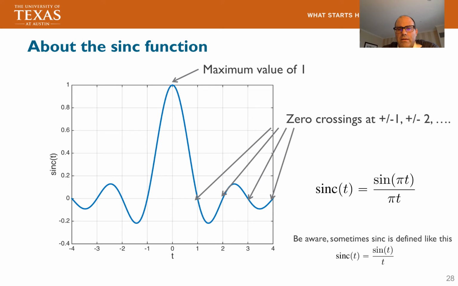The sine of pi is 0. And at 2 the sine of 2 pi is 0, and at 3 is 0, and at 4 is 0, and so on. But we showed in an earlier lecture that the limit of the sinc function as t goes to 0 actually is 1. So this is the sinc. It decays off to infinity here, and this is a common function that we're going to use quite a bit in the course.